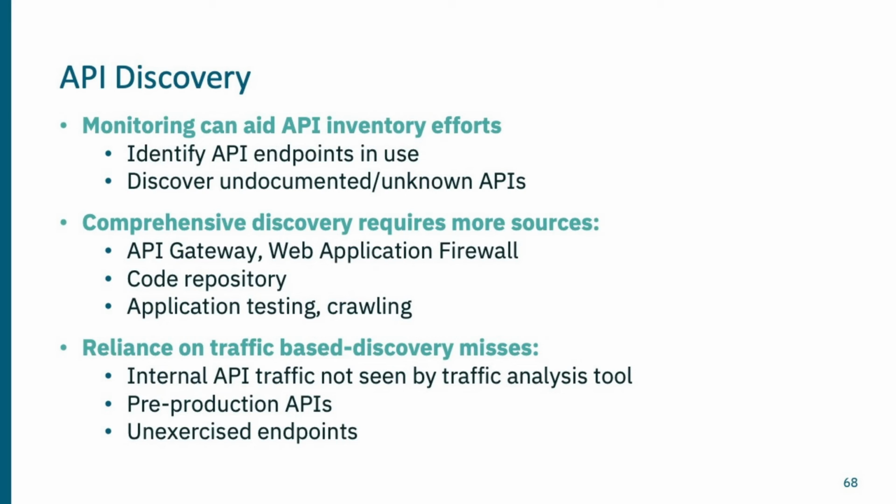And the other limitation of discovery is, if you're looking at network-based discovery, it's only going to see what it sees, right? So if there are APIs that exist inside the firewall on network segments that aren't monitored, you're not going to see them. If there are APIs that aren't being exercised or endpoints that aren't being touched, you're not going to see them. So you really want to have a more comprehensive approach to discovery and finding all of your API footprint.